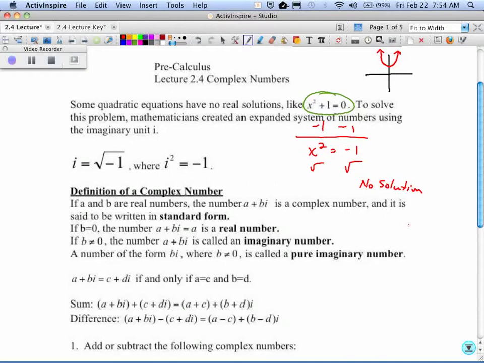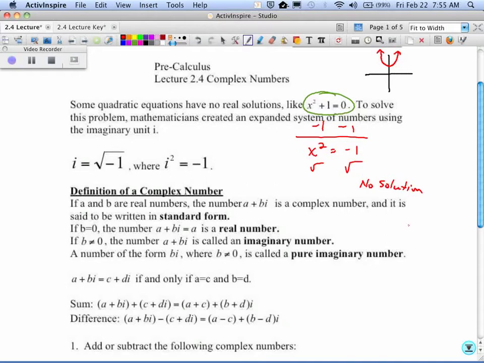So you guys are studying mathematics that's several hundred years old, right? So at one point, somebody said, well, that kind of stinks, because if I can only take the square root of 0 or more, which is what we talked about with the domain, in a way that gets rid of half of all math problems. Can you imagine that? If every time we run into a negative number, we stop.